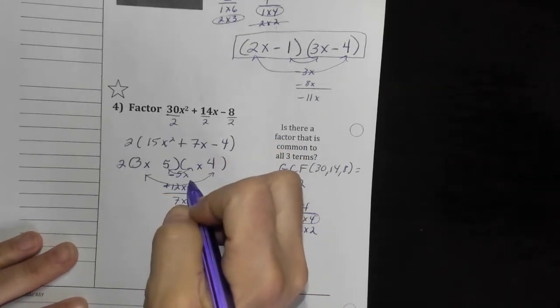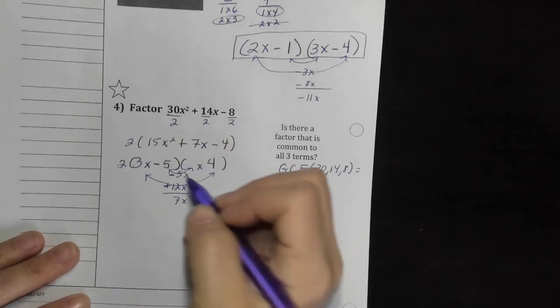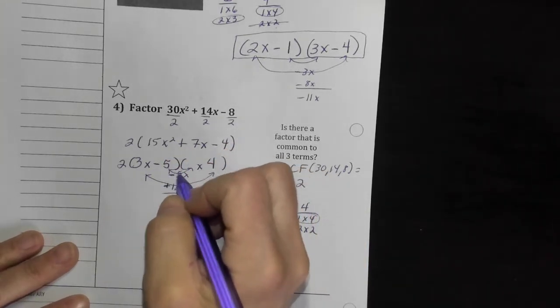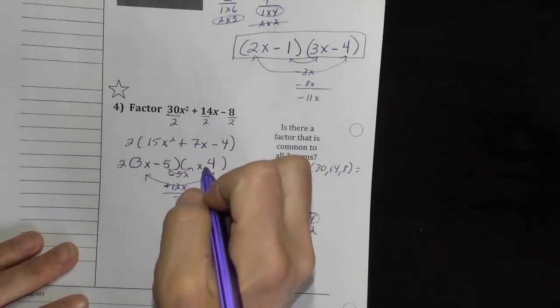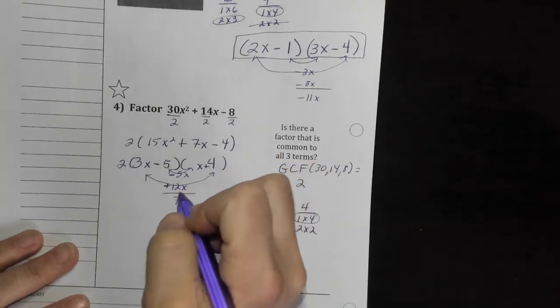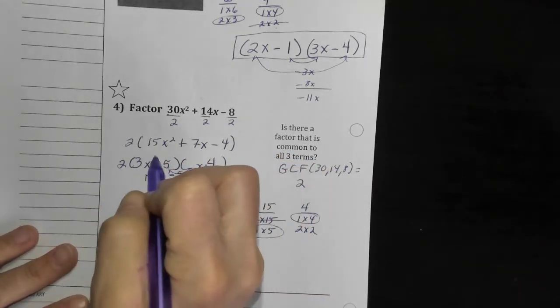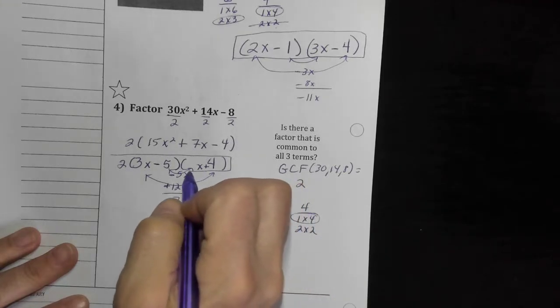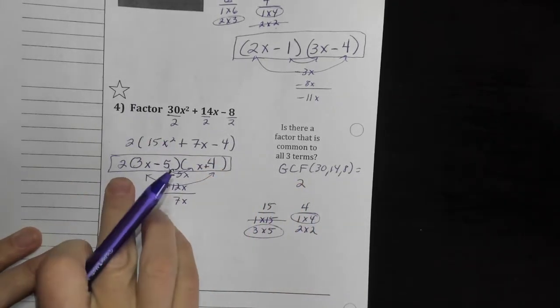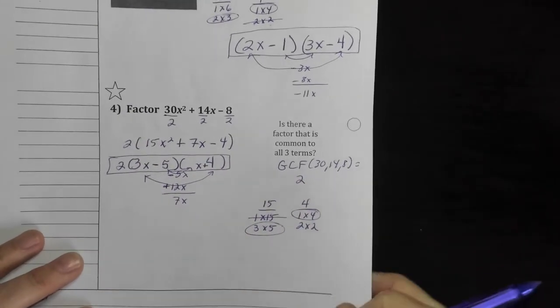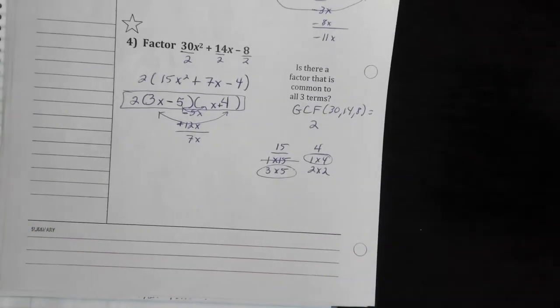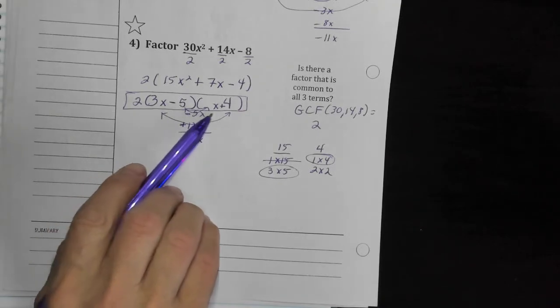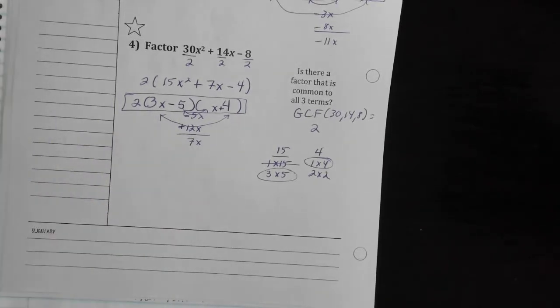So I'm going to put a minus sign in front of the 5 to make that a negative 5x, and I'm going to put a plus in front of the 4 to make it 12x. And when you write out your factors, do not forget, you're going to need that little 2. Okay, don't forget to check it. I would multiply the binomials first, then multiply by 2.